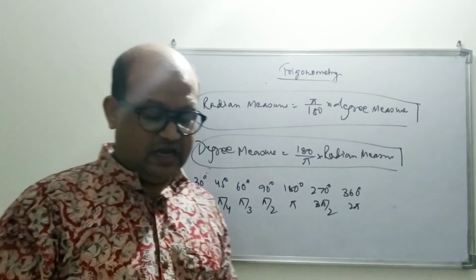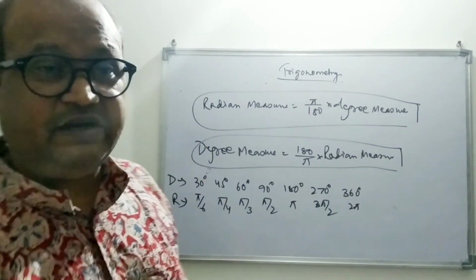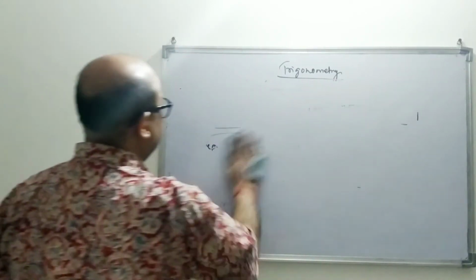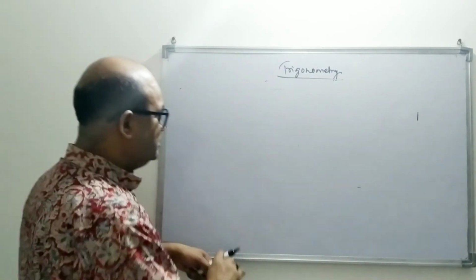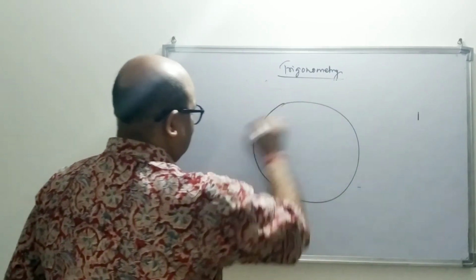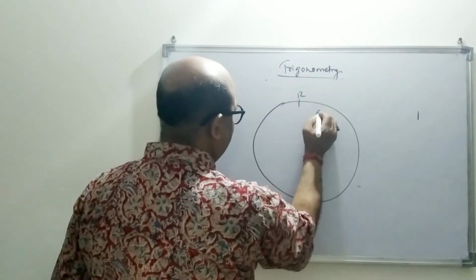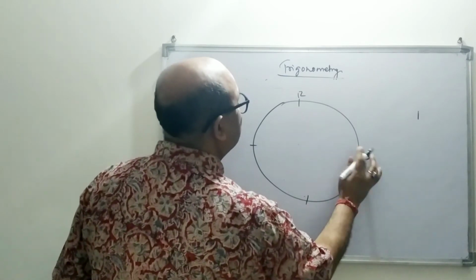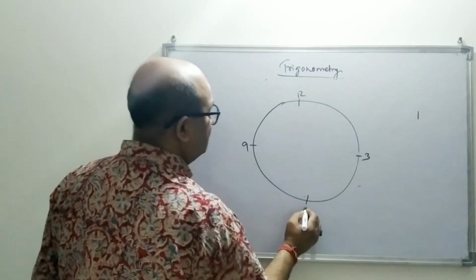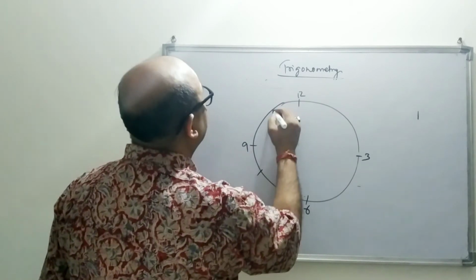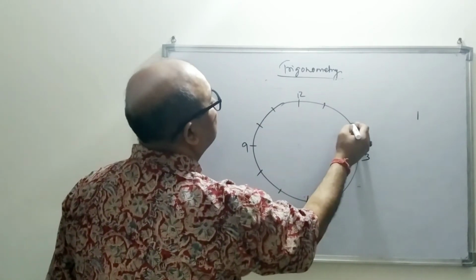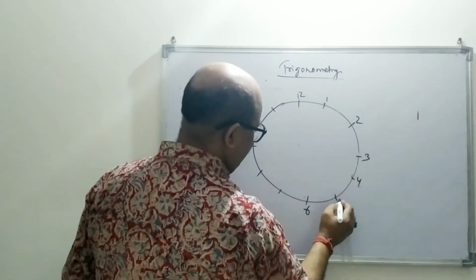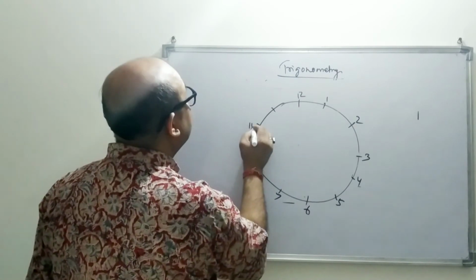With this, now I'll go to some of the degrees in a watch or clock. This is the clock. Now I'll show the measurement. This is 12, this is 3, 9, 6, and 1, 2, 4, 5, 7, 8, 10.